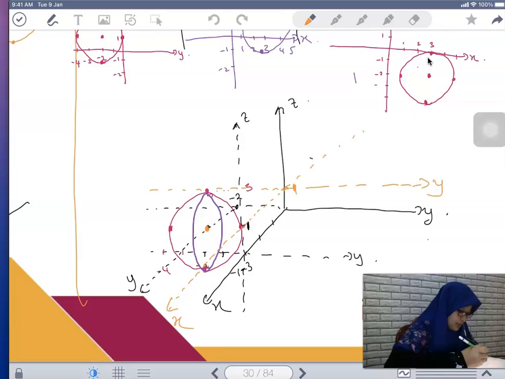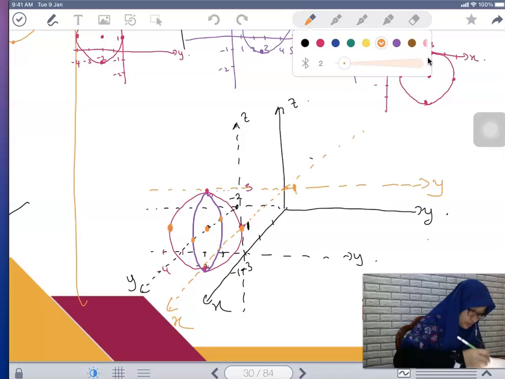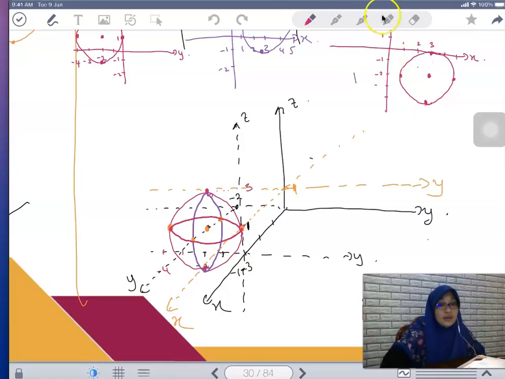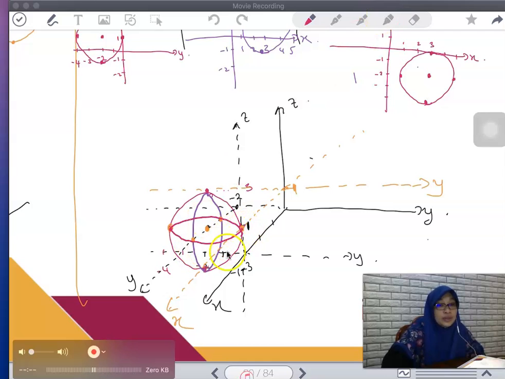Okay, so that is at x equal to 3 and y is minus 2, and then you draw. So it should be passing through this point and this point and this point. So that one and that one.